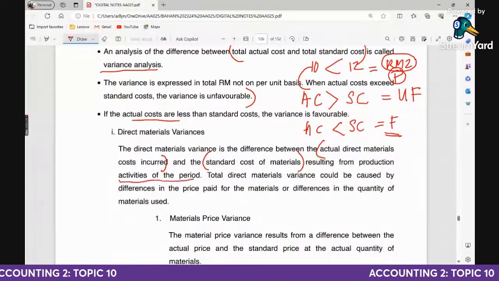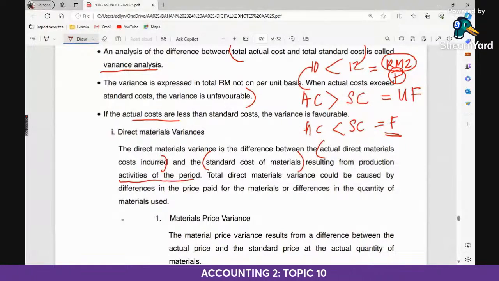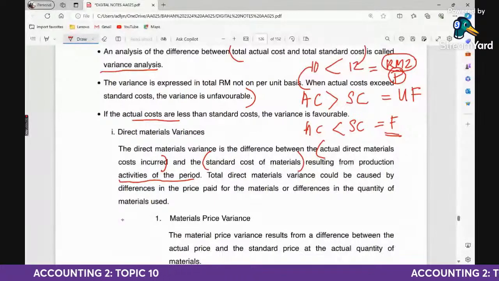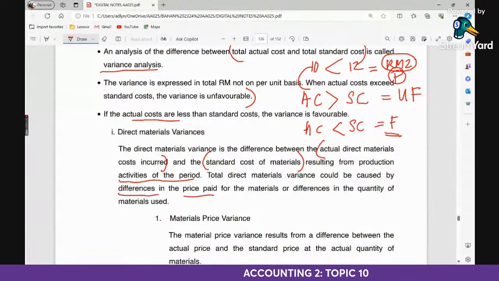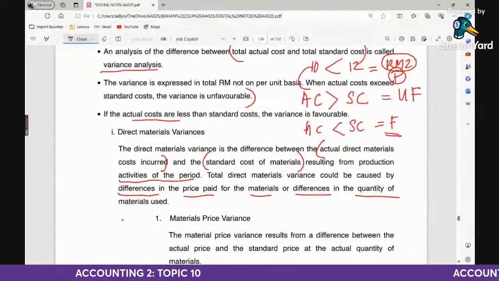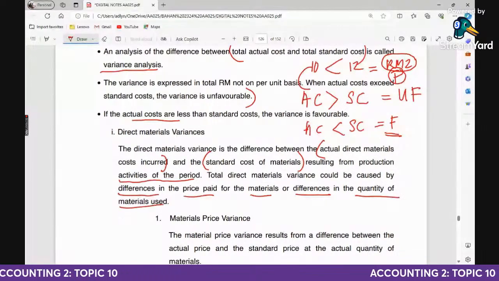So maksudnya you akan tunggu sehingga production selesai untuk tahun perekonomian tersebut. Okay, so total direct material variance could be caused by differences in the price paid for the materials or differences dari segi kuantiti yang digunakan. So ada banyak sebab sebenarnya kenapa variance berlaku.